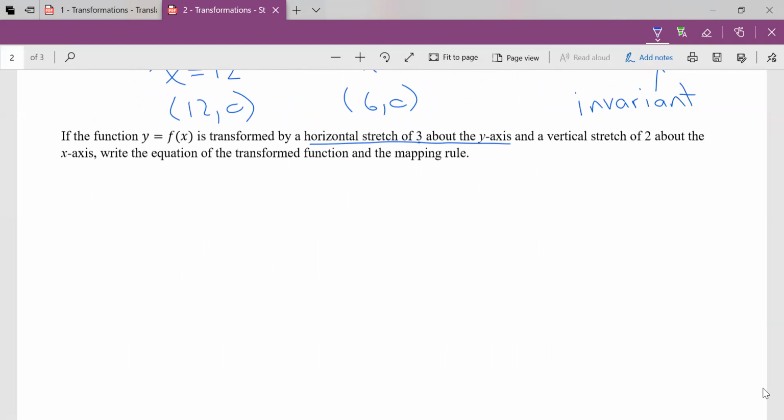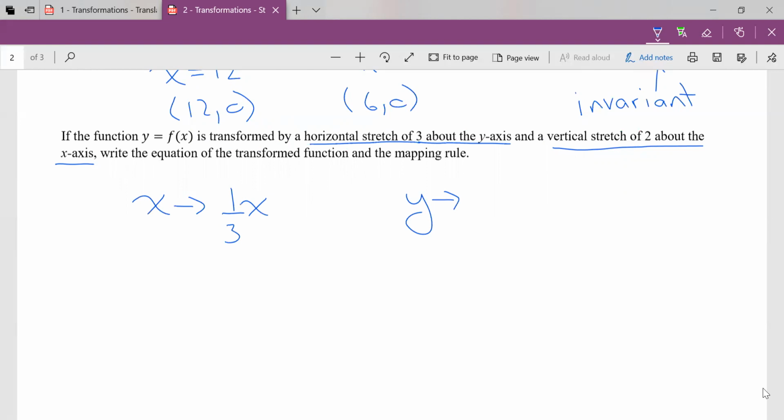So we'll say about the y-axis, and the vertical stretch would be about the x-axis. It says write the equation and the mapping rule. So what this means, if I'm going to horizontally stretch by 3, what I want you to notice, what we did in the last question, was we replaced x with 1/3 x.